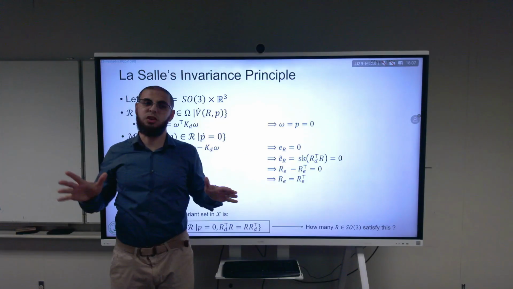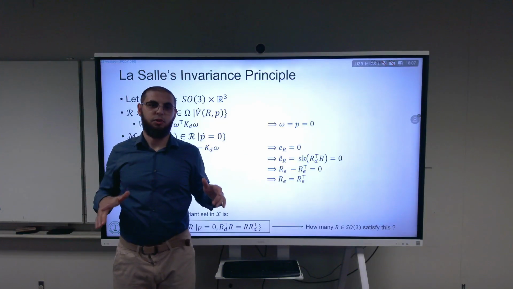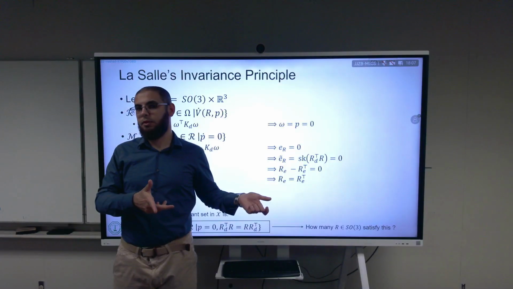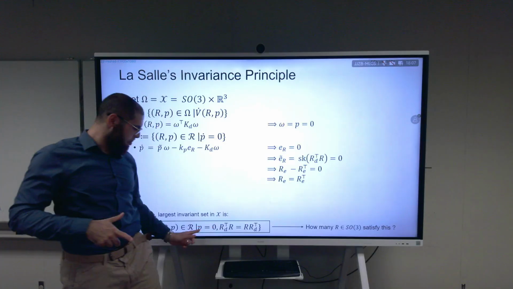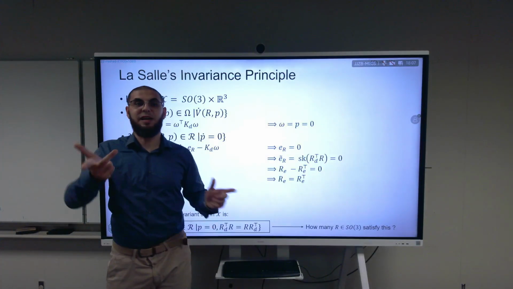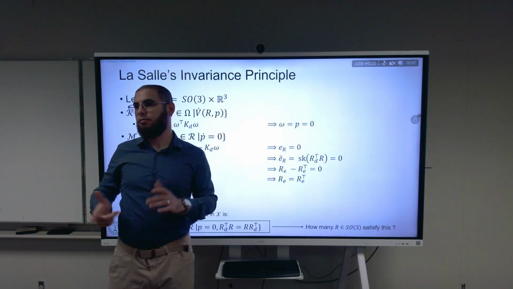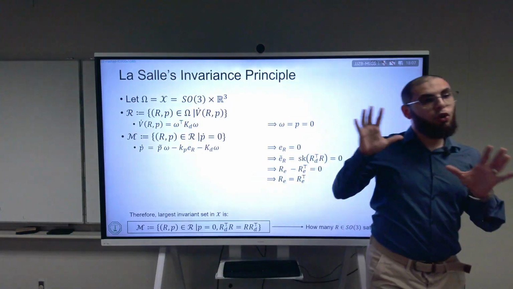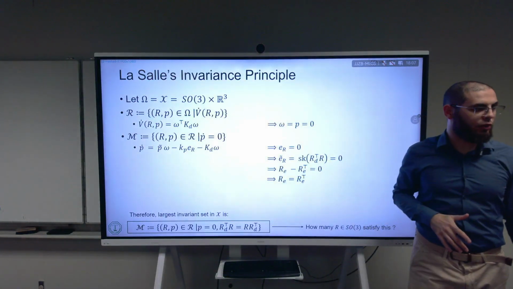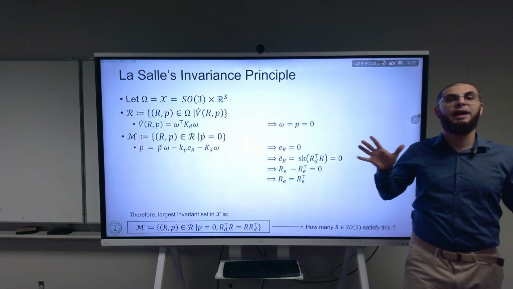You'll find that the controller is not moving, because it's actually an equilibrium point. If M has these R's, this means that if I start at these R's, I should stay there. So these are almost like singularities with respect to the controller itself. The controller breaks at these points.